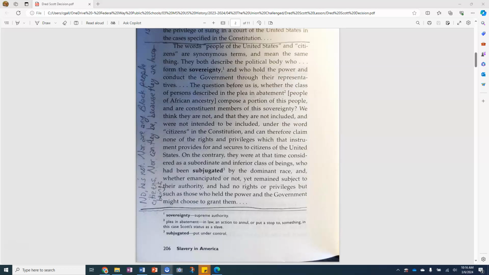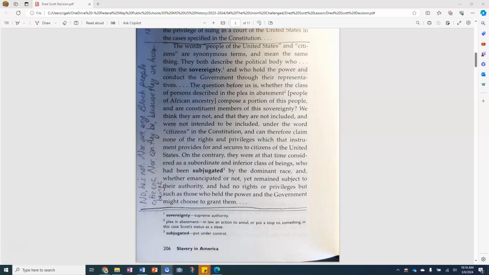And he's again posing that question, are they citizens? Okay. He says, no, they're not. They are not now, nor did the founding fathers intend to include them, okay, under that definition of citizen in the Constitution. Okay. In no uncertain terms, that's what he says. Right? And he says because they are not included in that definition, they also don't have access to the same rights and privileges.